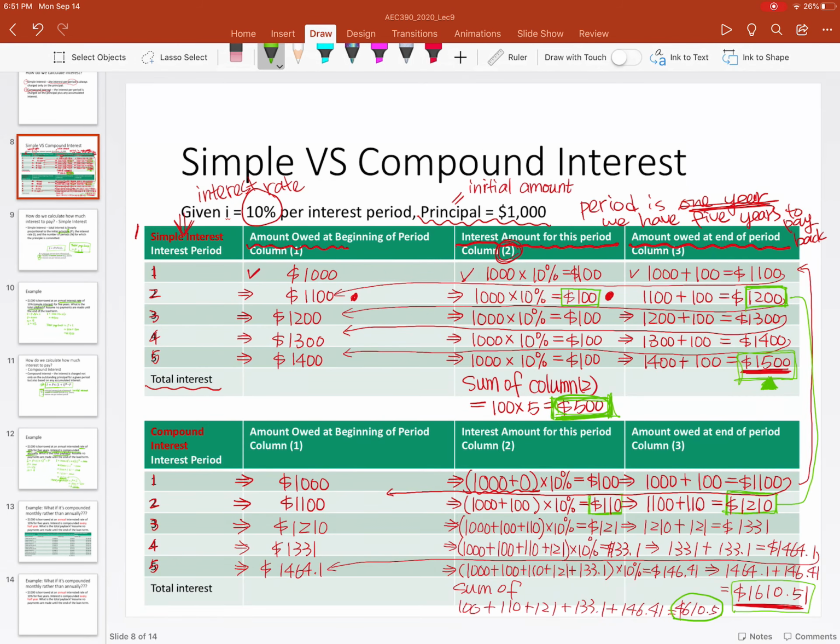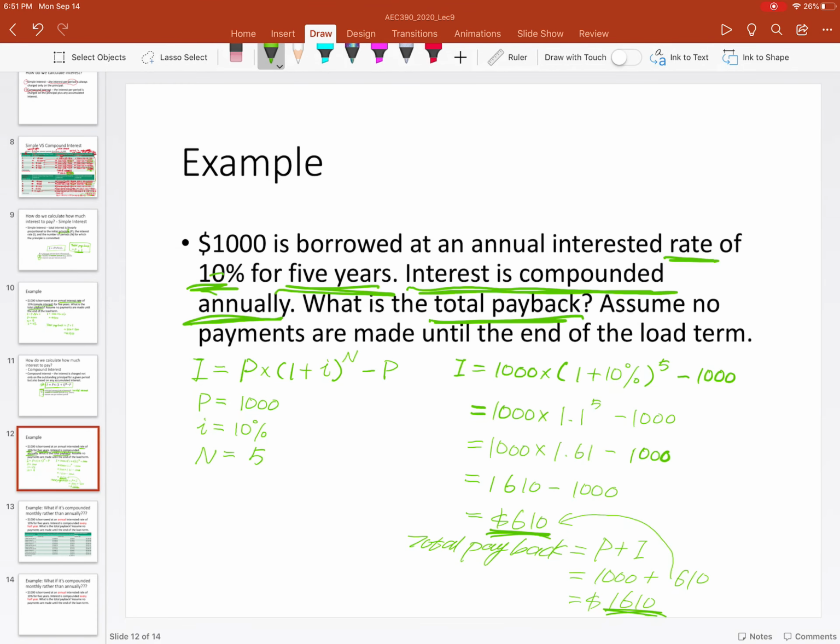See that here? That's the total interest, it's 610. And here, the total amount you owed at the end of the 5 years, it's 1,610. So exactly the same. Please ignore the decimals because there is a rounding issue in the calculation because you have a power calculation, but it's the same.